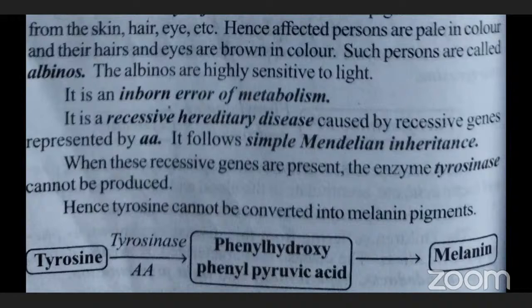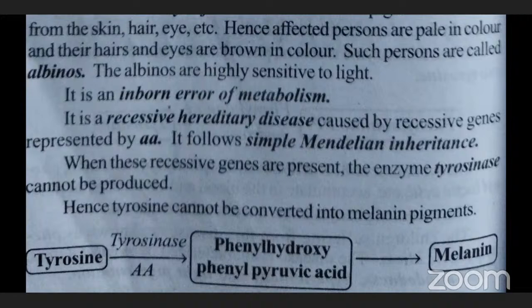Due to the presence of enzymes: nuclease acts on nucleic acids, lipase acts on lipids, proteinase acts on proteins for their conversions. Like that, tyrosinase acts on tyrosine. The tyrosine will be converted into hydroxyphenyl pyruvic acid, which is converted into melanin.